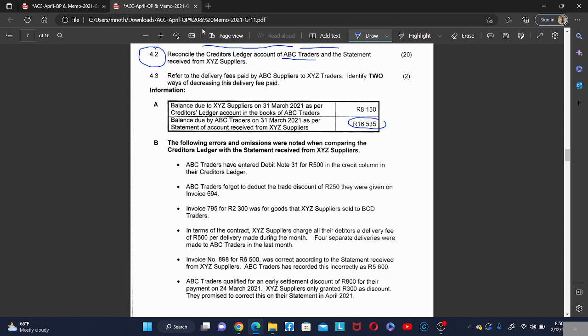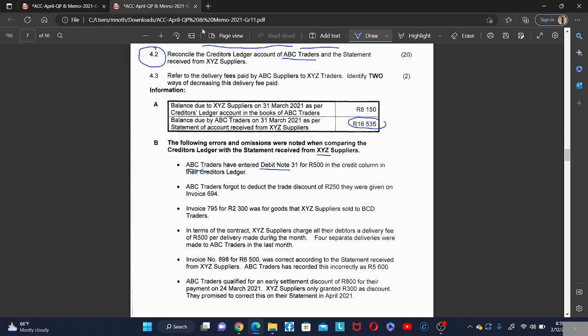So the following errors and omissions were noted when comparing the creditors ledger with the statement received from XY suppliers. The first one: ABC traders have entered a debit note. A debit note means that we returned the goods. So ABC traders returned the goods to the suppliers, and it's a debit note for 500 Rand in the credit column in the creditors ledger.